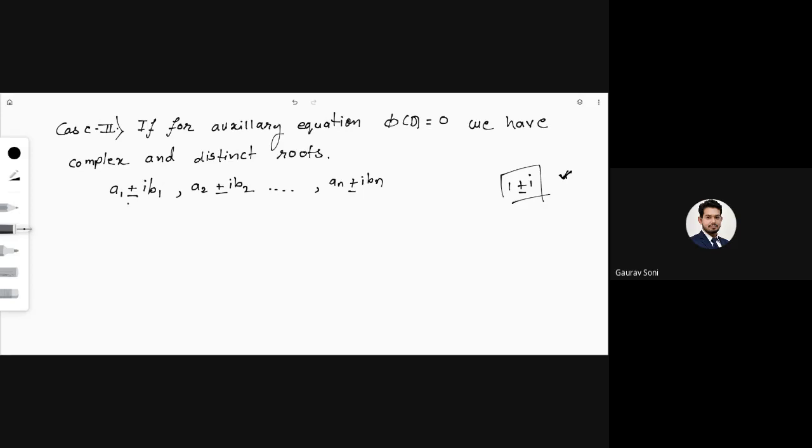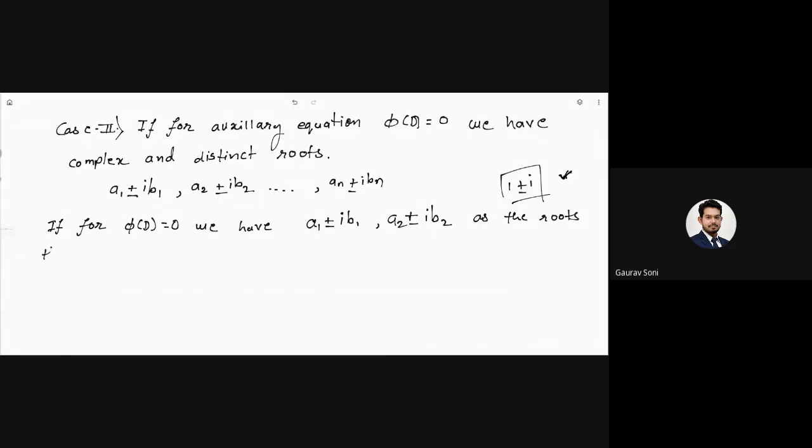To make this easier to understand, if for phi of D equal to 0, we have a1 plus minus i times b1, comma, a2 plus minus i times b2 as the roots, then what degree should phi of D have?